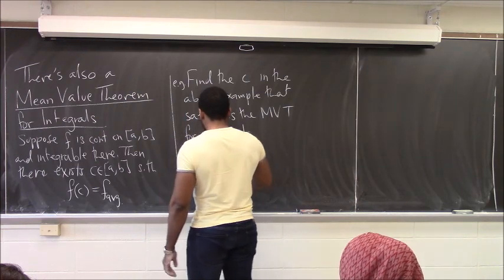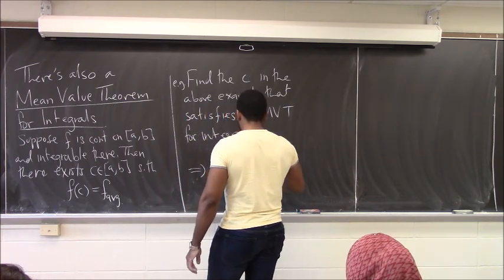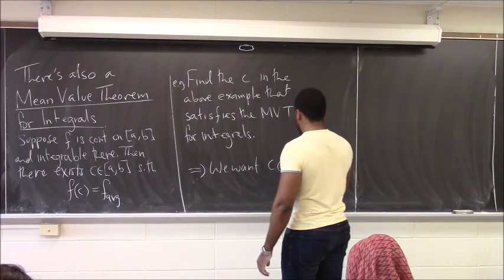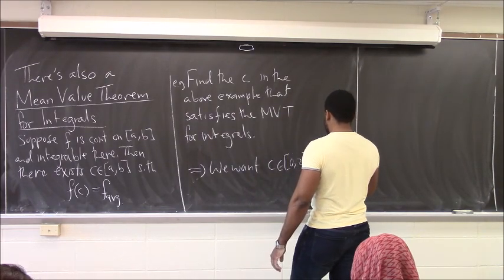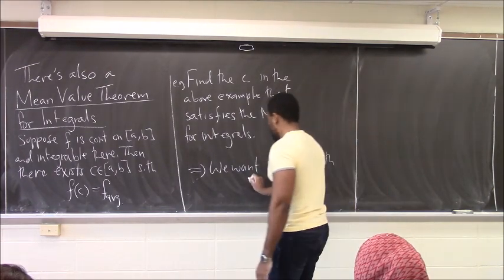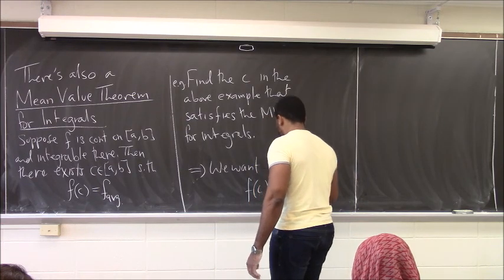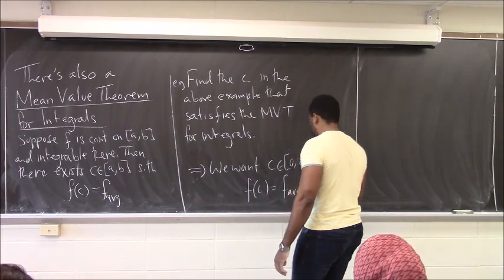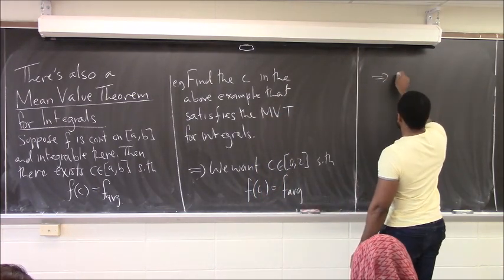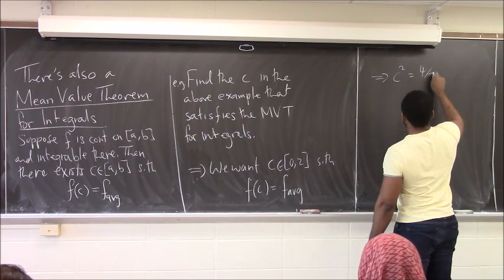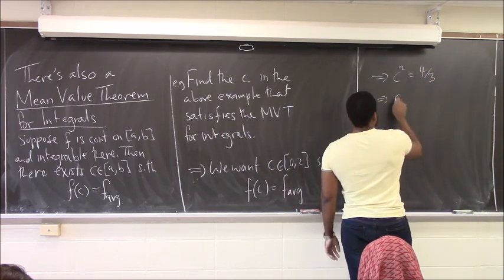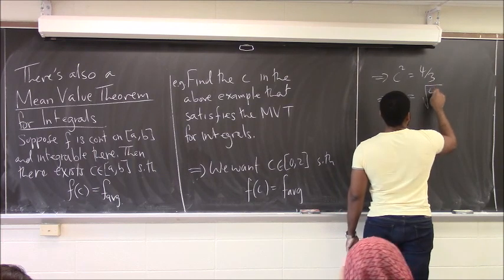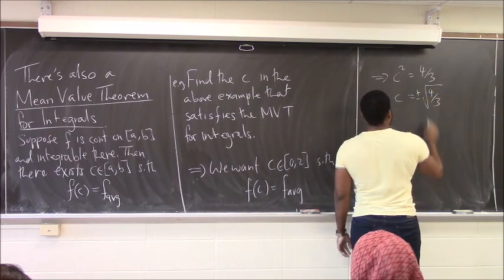This means we want c in [0, 2] such that f of c gives us the average output. This means your c squared must give you 4/3. This would mean your c would give you the square root of 4/3, plus or minus.